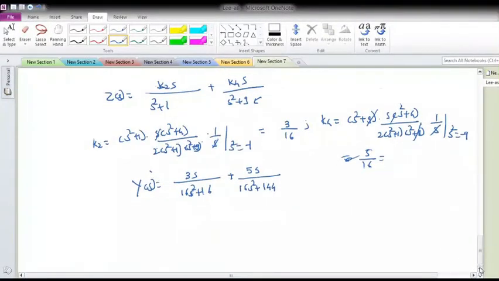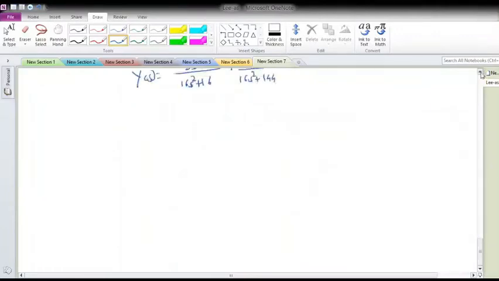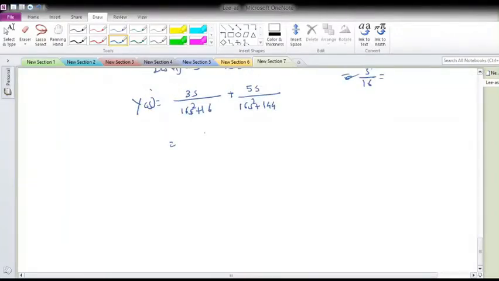Then you have to realize it. So take the inverse of it, which will be 1 divided by 16 by 3 into s plus 16 by 3 into 1 over s. This is the first one, and the second will be 16 by 5 into s plus 144 upon 5 into 1 by s.